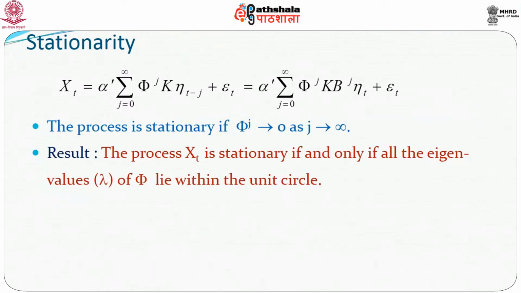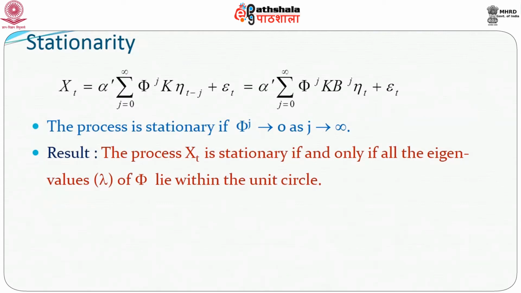So, let lambda be an eigenvalue. So, lambda must lie within the unit circle. In fact, in this case we will have several eigenvalues and all of them need to lie within the unit circle. There will be d of them, remember, because phi is a d by d matrix.